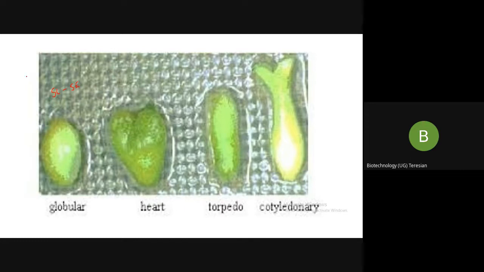In the first stage, the somatic embryo arises from a single cell which divides to form a group of meristematic cells, and these cells become isolated by breaking the cytoplasmic connection with the surrounding cells around them.